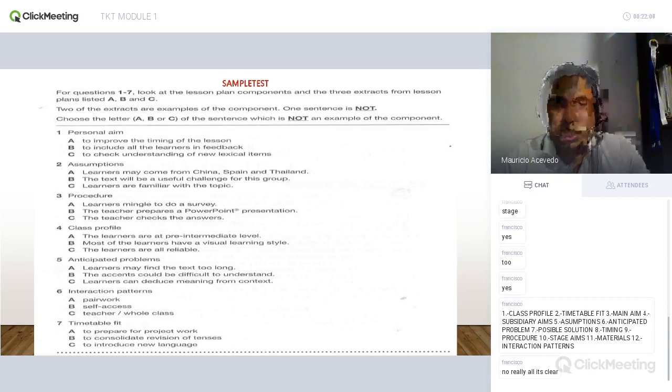For questions from 1 to 7, look at the lesson plan components and the three extracts from lesson plans listed A, B, and C. Two of the extracts are examples of the component. One sentence is not. Choose the letter A, B, or C of the sentence which is not an example of the component.